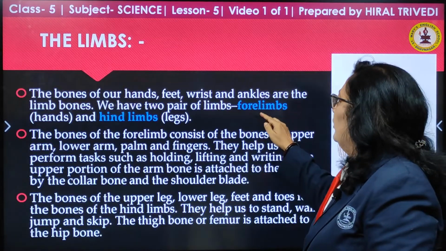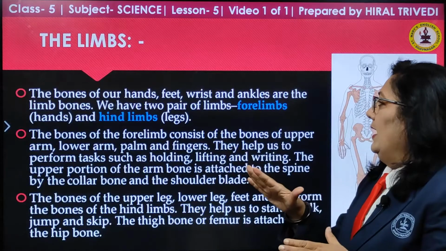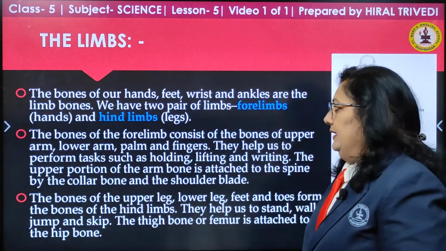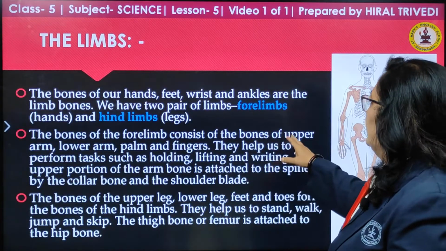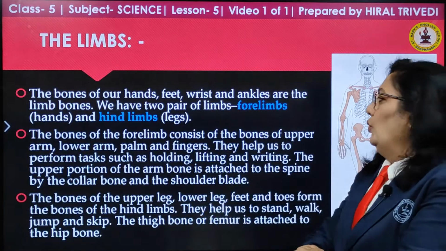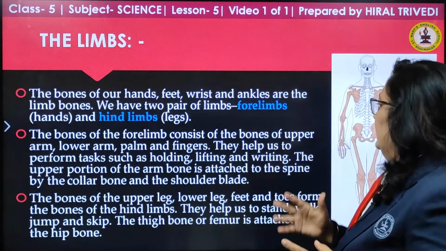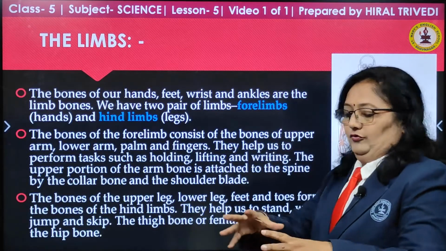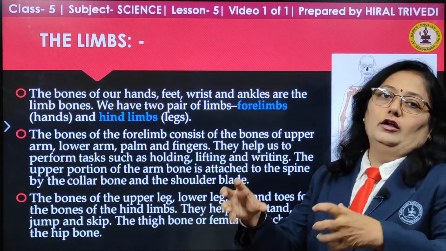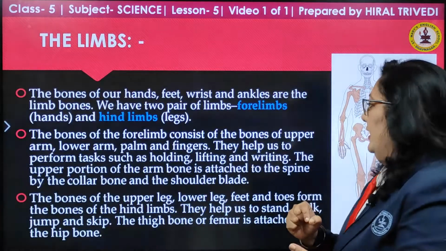We have two pairs of limbs: the forelimbs, that is the hands, and the hind limbs, that are the legs. The bones of the forelimbs consist of the upper arm, then the lower arm, palm and fingers. They help us for holding something, for lifting something, and if you want to write, we need the help of it.